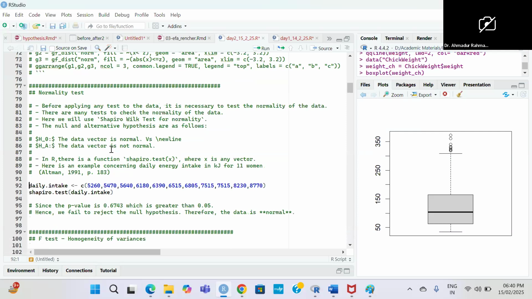Okay. So here we have taken a data set, and that data set is energy taken by 11 women. ये उनकी जो energy taken है उसका data है. Now we run this vector. So now this vector, okay, 1 minute.